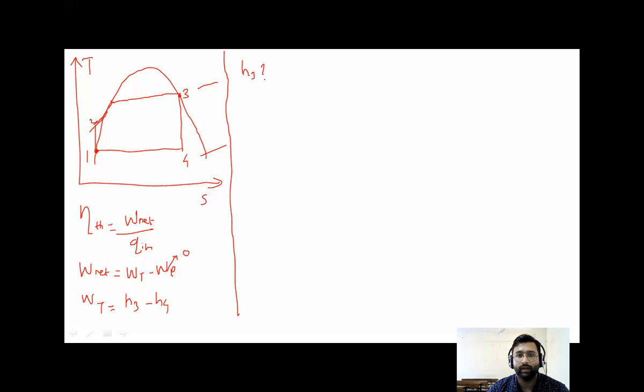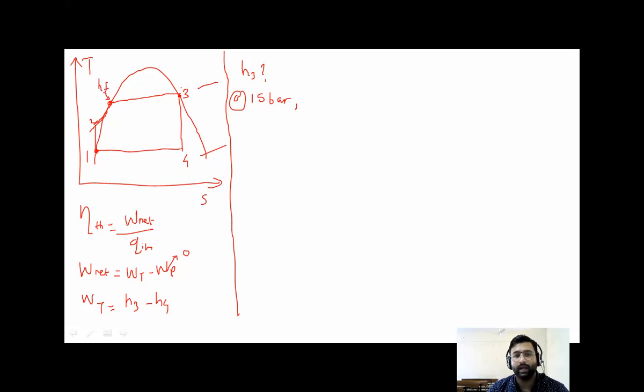H3, can you calculate? For H3, what is the pressure here? 15 bar. And H3 will be what, HF or HG? HG, yes, correct. Whatever enthalpy we get at saturated liquid condition is called HF.